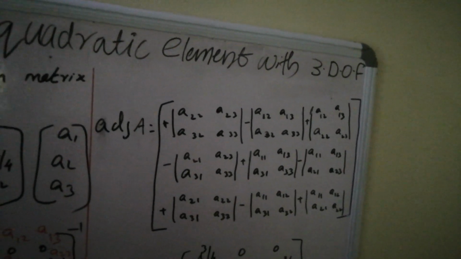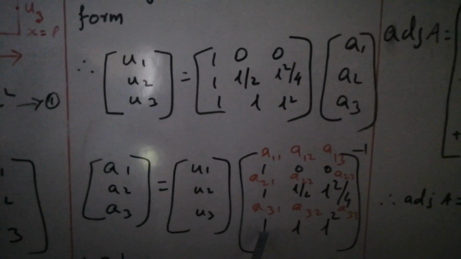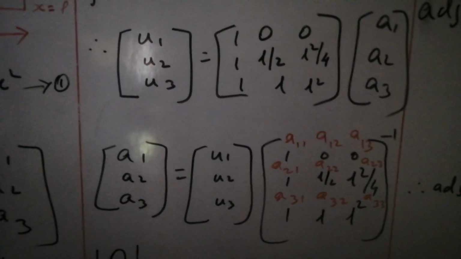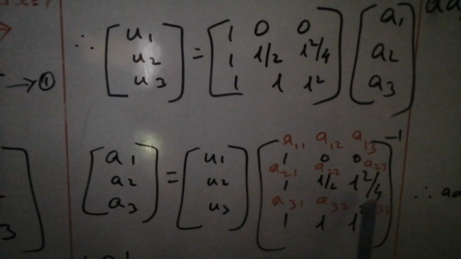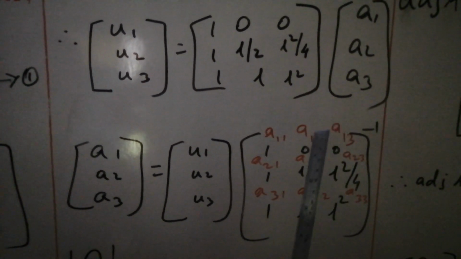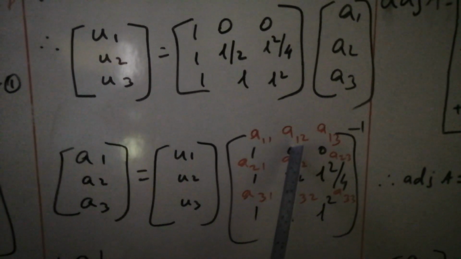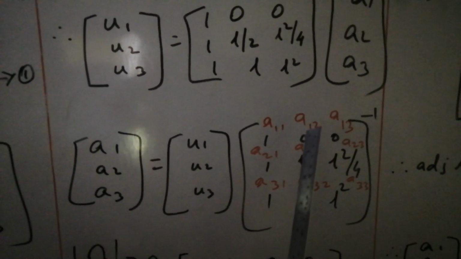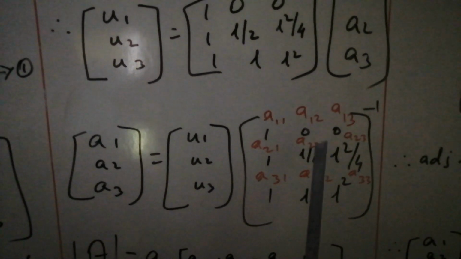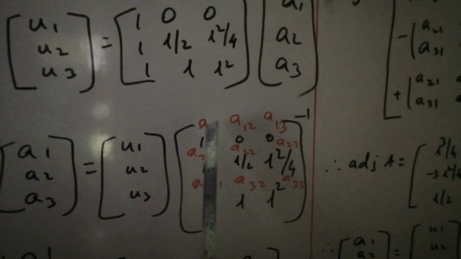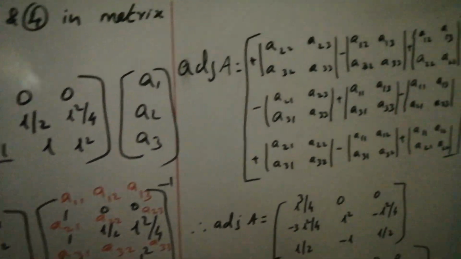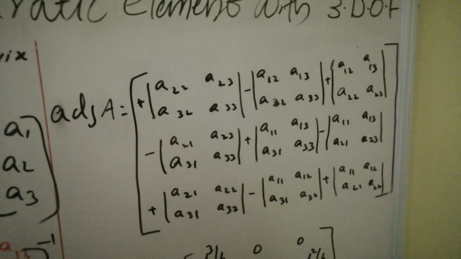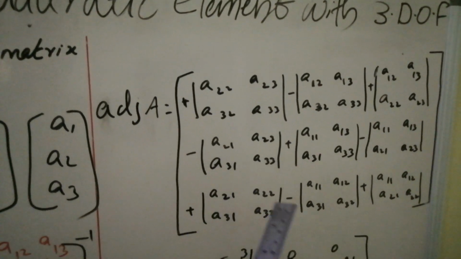After that, the next one is we are removing the third row and first column and getting the elements. After that, second column and second row and first column. That is A21, A23, A31, A33.